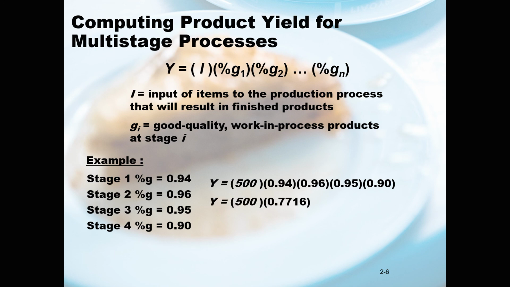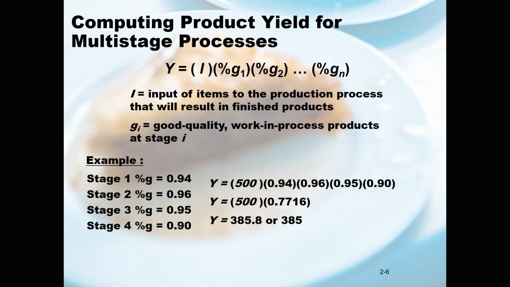Again, we have our initial input, and in the end, only 77.16% of the product that starts actually makes it out and meets our quality standard. So in this case, we will have a yield of 385.8 units, or 385 units, because you can't have a partial unit.